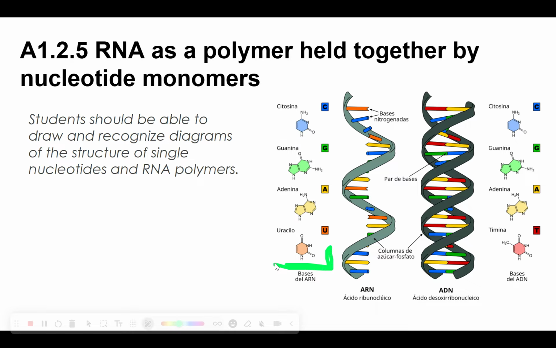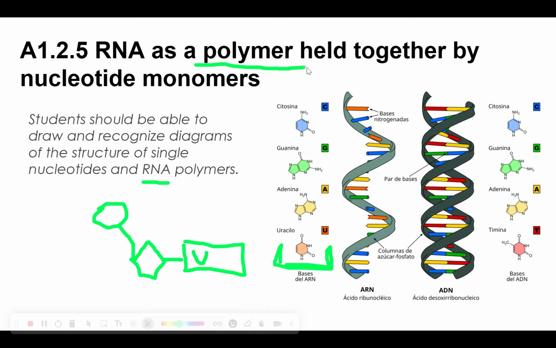So if you have a picture of a nucleotide where the base that is used is uracil, and they tell you that the rectangle nitrogenous base is uracil, you are expected to recognize that this has to be a nucleotide of RNA, because only RNA has this nitrogenous base.